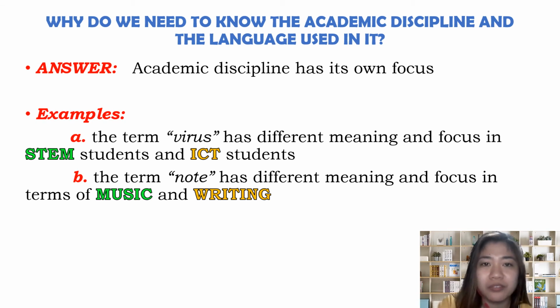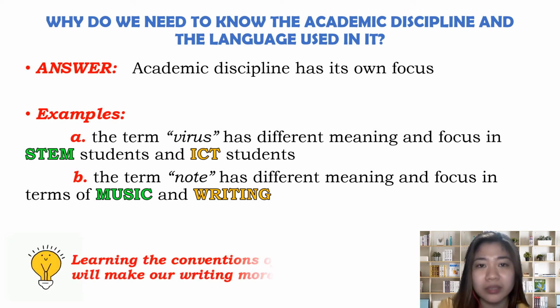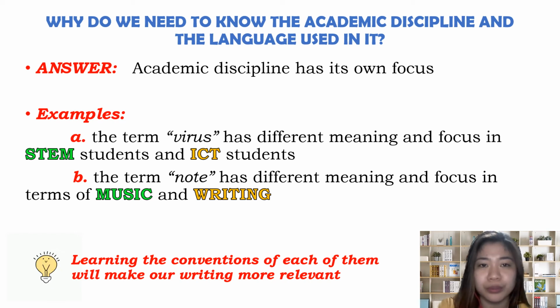So, if we're not aware about the discipline and language being used in a certain academic text, there's a possibility that we might misinterpret the information or the details the author implied. Therefore, the key to avoid the misinterpretation and confusion, we need to learn the conventions of each of them because learning it will make our writing more relevant.